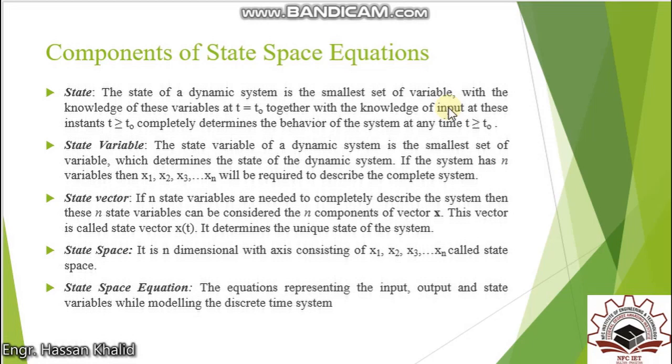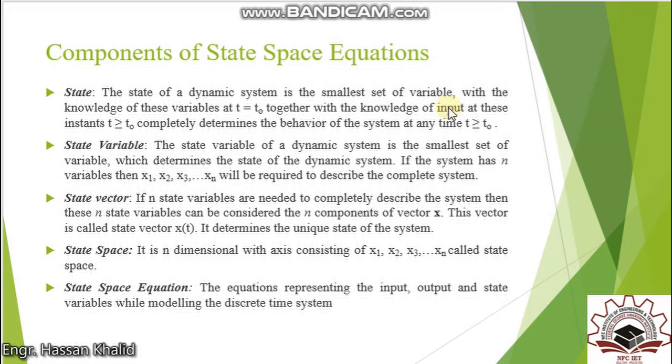These are all the variables that are used to describe the complete system. For example, if we have an RLC circuit with two components that store energy, then there will be two state variables.